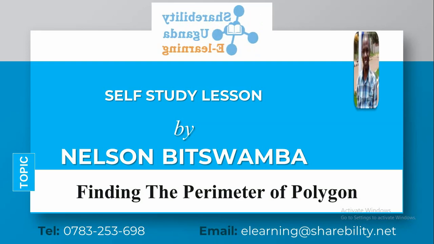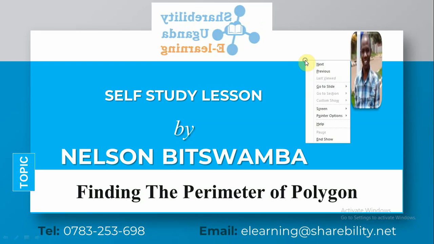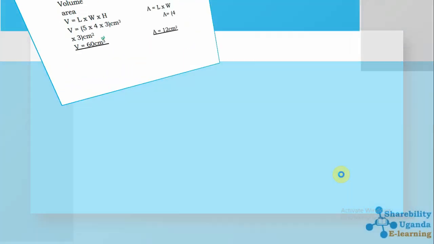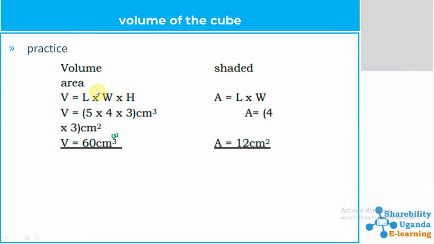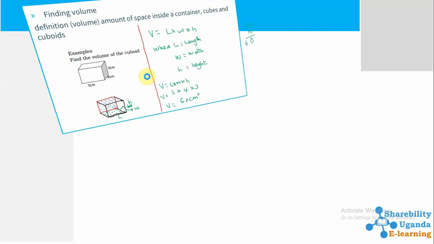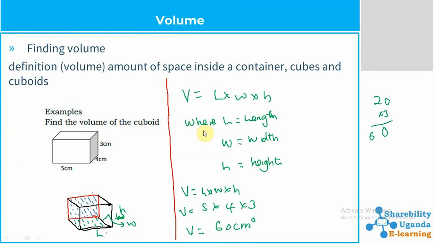So in today's lesson we want to look at more about the volume of these shapes. We stated what volume is, and we are also able to look at the different ways we can find volume.